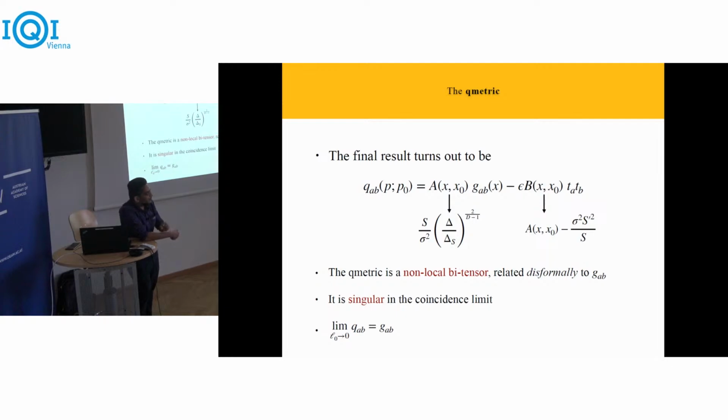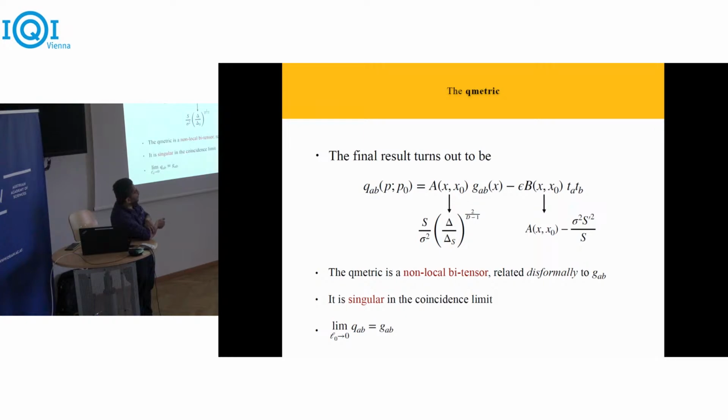But if you just look at the sigma square dependence of this effective qmetric, you can actually show precisely what you are mentioning, that it behaves almost like the GAB itself. The non-locality which is captured in this function goes away. But if the points are very close to each other, that is what is written here, the QAB is singular in that limit.